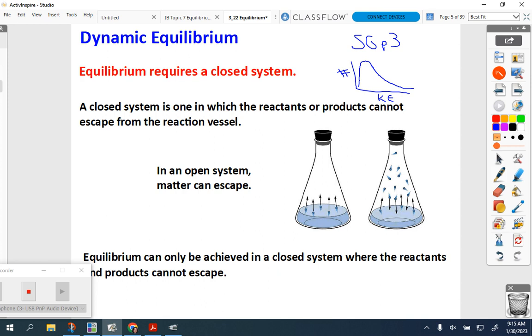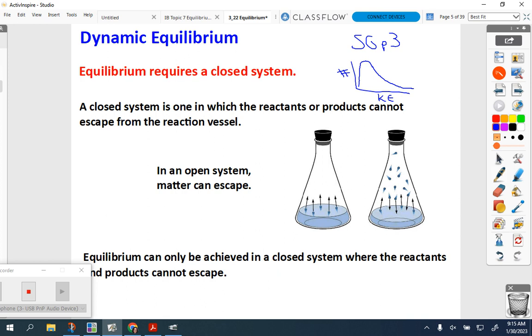At the beginning of this process, my rate of evaporation is going to be high, and my rate of condensation of water vapor molecules losing enough energy to come back down and become liquid is going to be pretty low, because there's just not that many water vapor molecules compared to the number of liquid water molecules. So at the beginning, we're going to see evaporation.